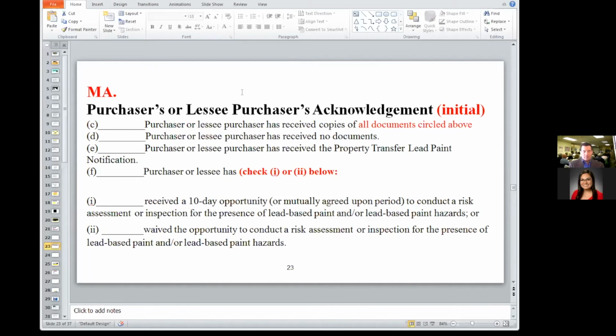What is the fine if an owner-occupied house doesn't get deleaded within 90 days? If you have a child in the home on the 91st day and it's a target property, it's criminal and civil. And people ask me, how am I going to get caught? Well, every child has to be blood tested from 9 months to 4 years old in Massachusetts. That's the minimum annual, from 9 months to 4 years old.